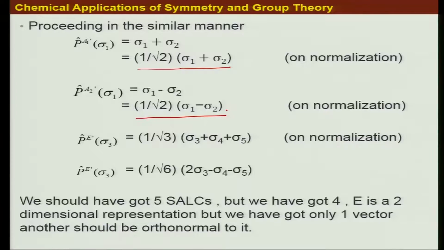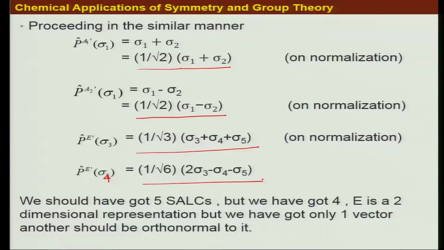Now when we apply it on sigma 3, we form a basis for E prime, we form a projection operator for E prime, and then we get a function, an orthogonal function, and we normalize this and get another SLC. And when we operate on sigma 4, we get another SLC.